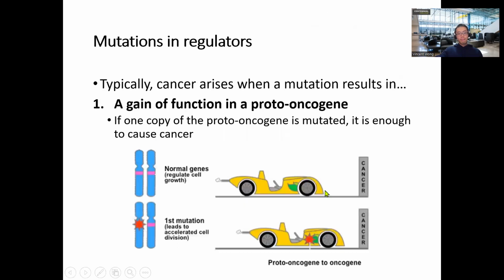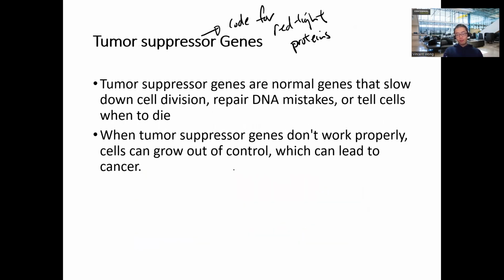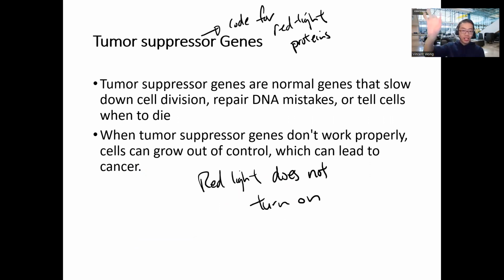For the tumor suppressor gene, when you have a mutation, the red light does not turn on. So either way, if the green light is on all the time and the red lights are not turning on, then the cell will keep on dividing and dividing, right? And that's what gives you the cancer in the end.